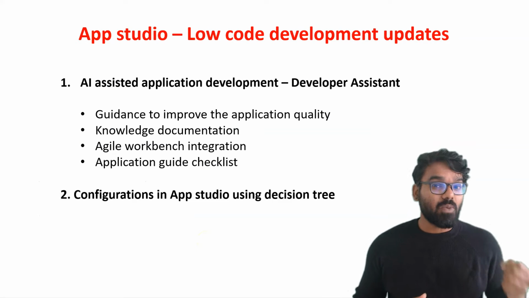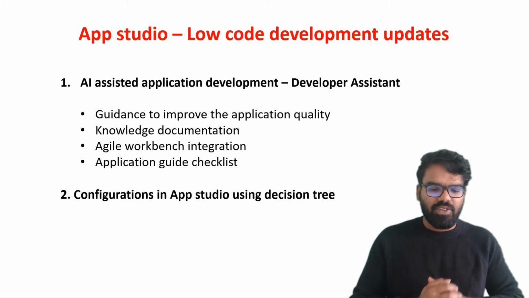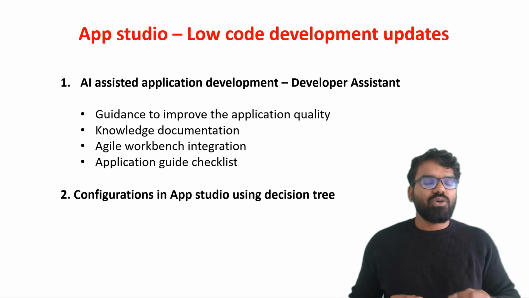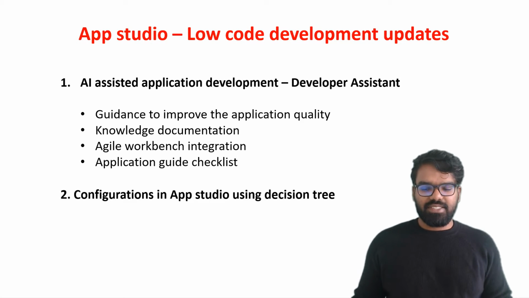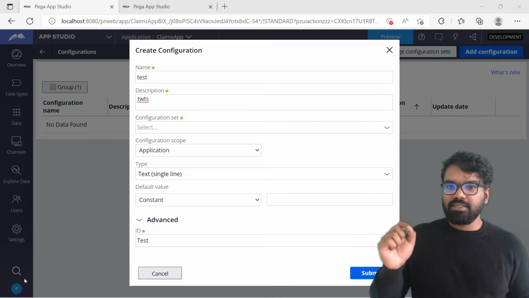And next is a very small change. We already know that in App Studio we can do some kind of configurations, and there currently you can also use some decision trees. What I meant here is currently I am in 8.7, not 8.8.